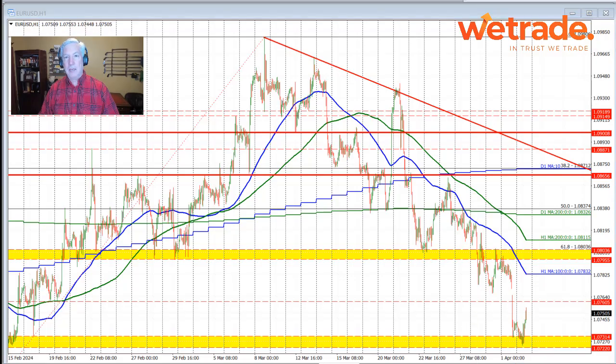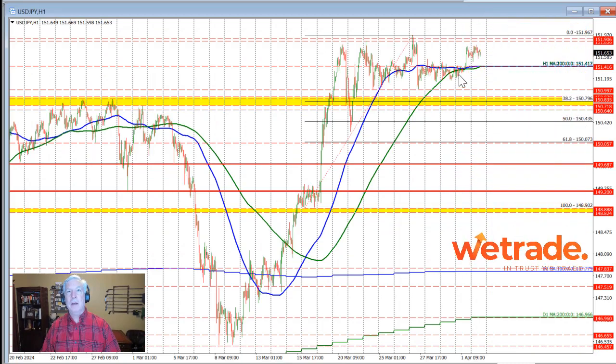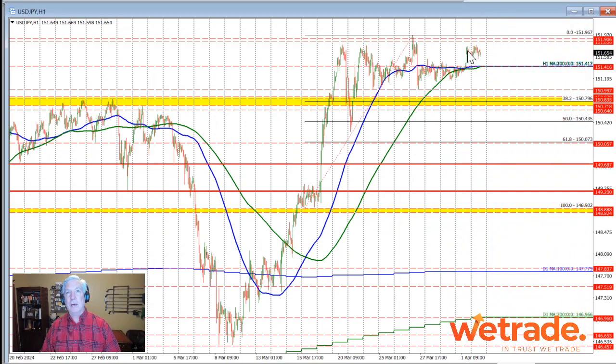If we look at the hourly chart of this currency pair, we did move higher in trading yesterday, but we did stay below the high prices up through here. Those high prices came in around 151.85 up to 151.967. By the way, this high price of 151.967 was the highest level going back to 1990.